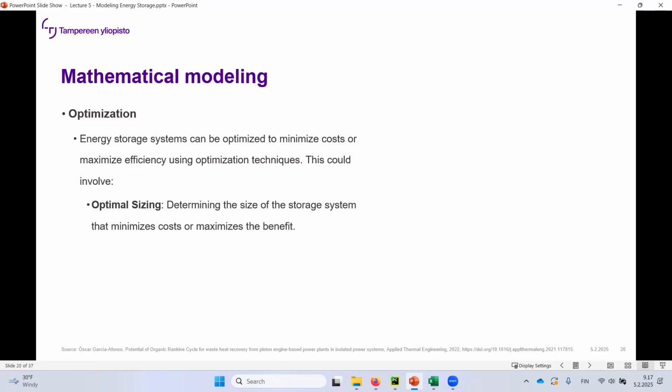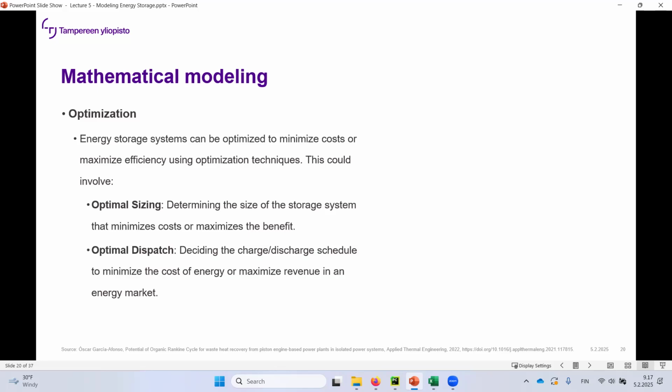Then related to this mathematical modeling, you might optimize the size of the system, and you might want to optimize the dispatch of the system. So when to charge and discharge. That's kind of like the optimization problem whenever you have a fixed system.